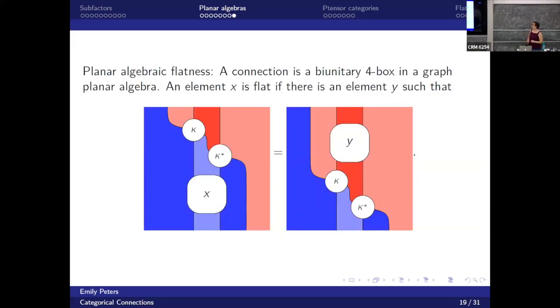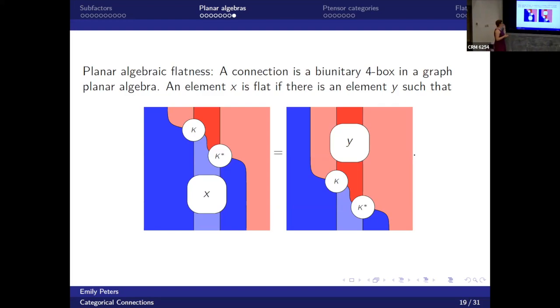Okay, so what is flatness in the planar algebra context? In the planar algebra context, given a graph, you can think of loops on that graph as being the basis of a planar algebra.